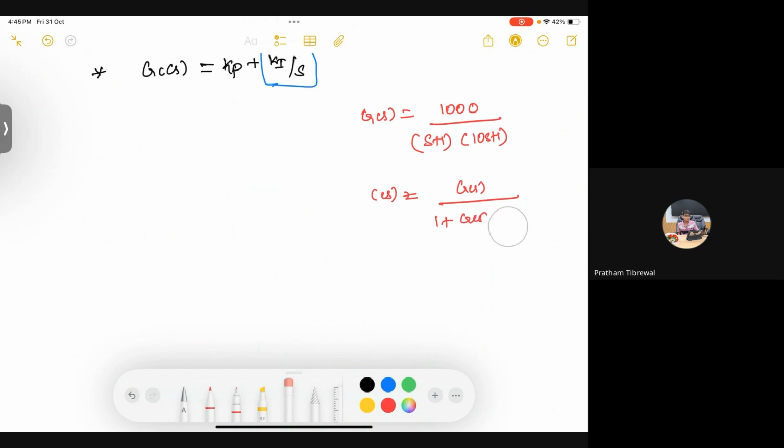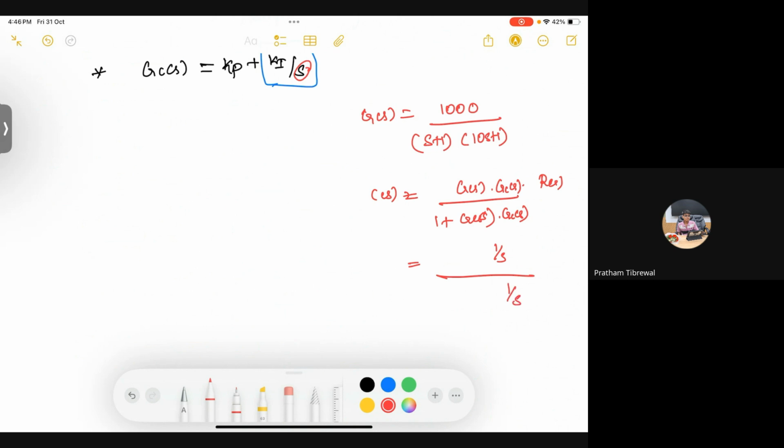I'm going to leave it as it is, G(s). Another Gc(s) would come, where this Gc(s) has 1 by s, along with the proportional action.